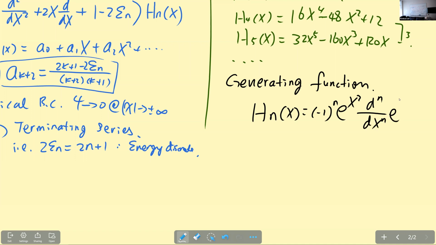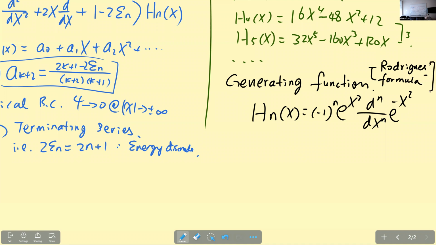Okay. So this is a generating function, and it has a name called the Rodrigues formula.